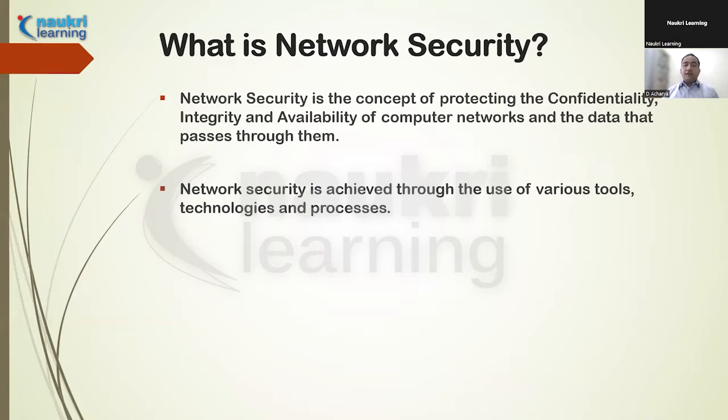We will be taking a look at the CIA triad further in the next slides. Network security is basically the concept of protecting the CIA of the computer networks and the data. Network security is achieved through the use of various tools, technologies, and processes, and of course, people as well, right?